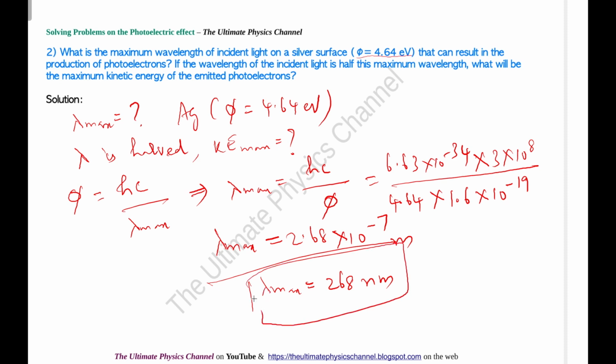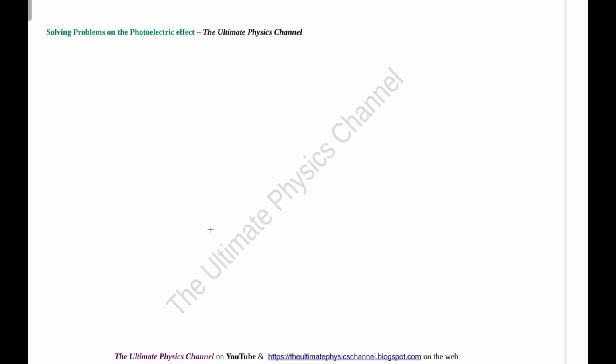Right. Now the second condition is if this wavelength is halved. That means 268 is the wavelength we got for lambda max. If that is halved, lambda now becomes 268 by 2, it is 134 nanometers.